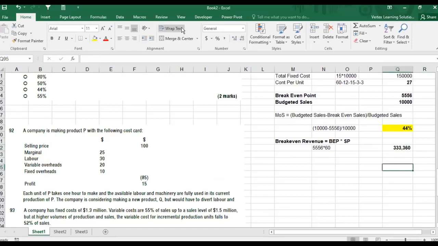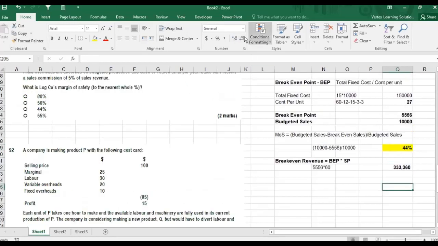We have concluded the answer was 44%. Let me tell you what the scenario is. The scenario is that I need to sell 5,556 units to break even, where there is no profit, no loss. But I am planning to sell 10,000 units, well above my break-even. If I sell 5,556 units, my revenue should be $333,360.